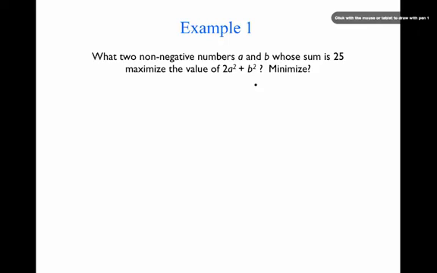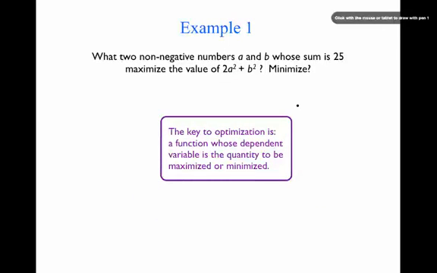And then we're going to maximize or minimize the dependent variable. So again, a function whose dependent variable is the quantity to be maximized or minimized. And what's the quantity to be maximized or minimized in this case? This. So we need a function whose output is that.